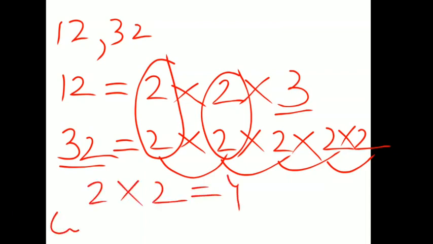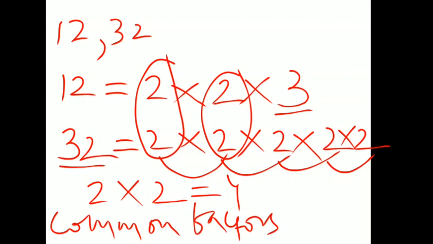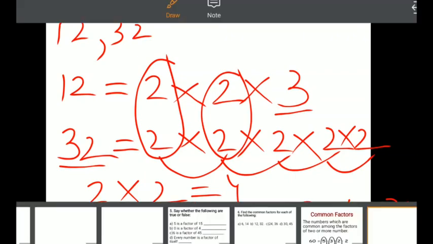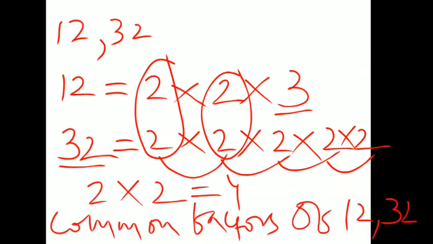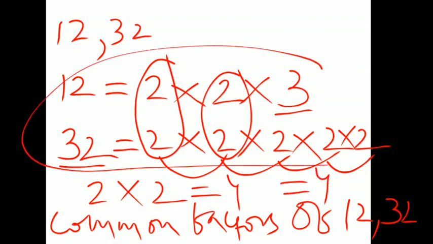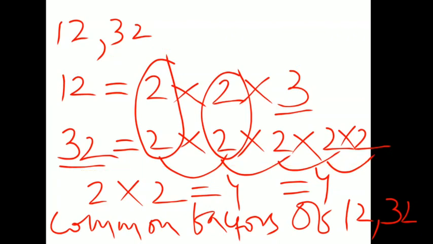So you'll write: common factors of 12 and 32 is equal to 4. I hope you have understood this. So I have written here the answer is equal to 4. In such a manner you are going to solve the problem.